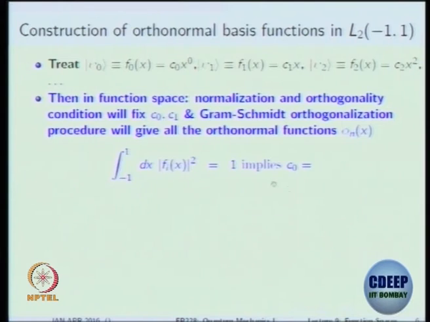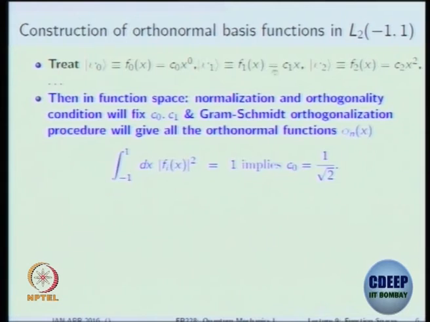So what is C0 here? 1 by root 2. Similarly, you can take C1 of x, and subtract out the projection of the state. So this will be a normalized function actually. You try to fix what C0 is and then use that, and you can show that this is 1.